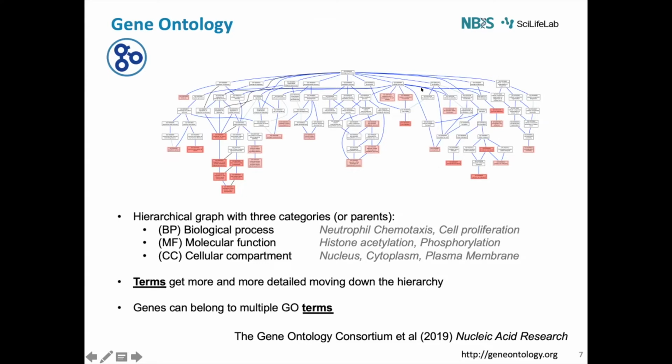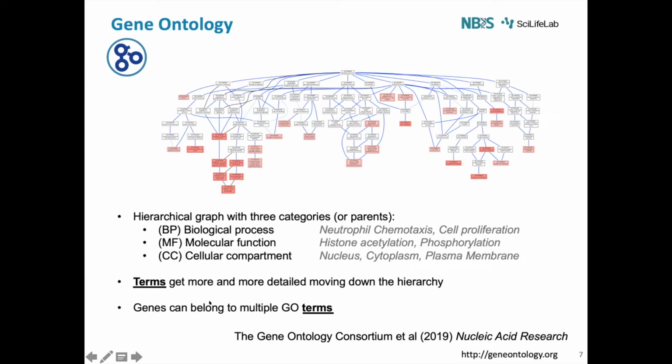Some of those terms, for example, this will be the family of ribosomal RNA translation. Here is probably a metabolism of a small molecule. Here, chemokines. So all those concepts are hierarchically ordered together into this tree.